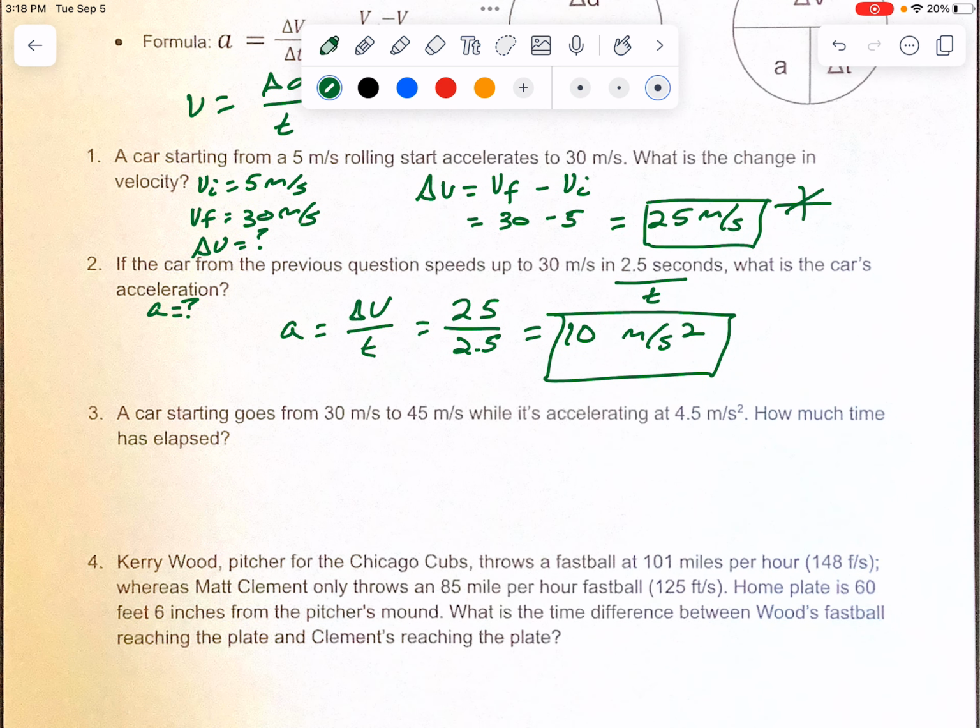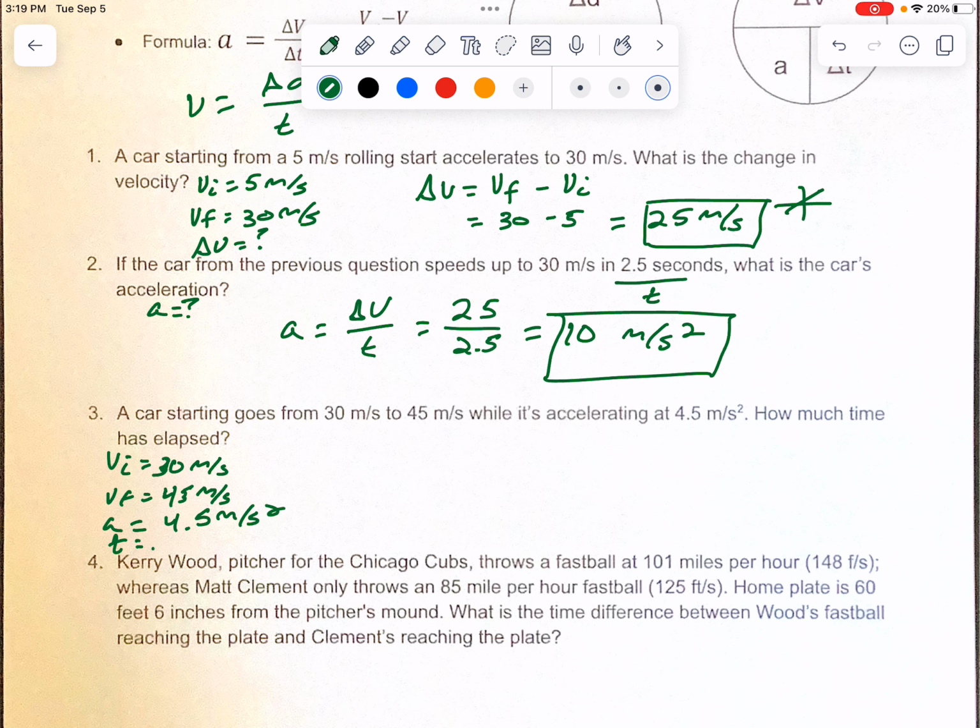Number 3, a car starts going from 30 meters per second to 45 meters per second. So I just gave you velocities there. VI is 30 meters per second. VF is 45 meters per second. It is accelerating at 4.5 meters per second squared, so I just gave you acceleration. How much time has elapsed?